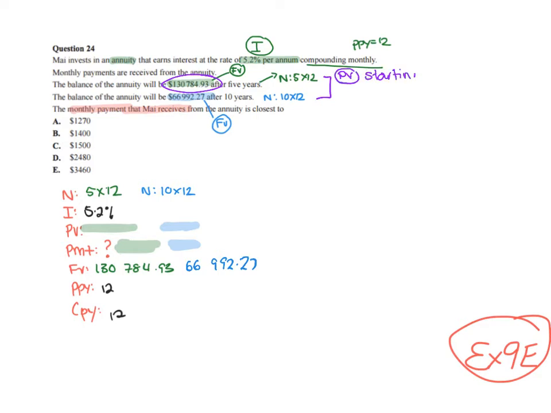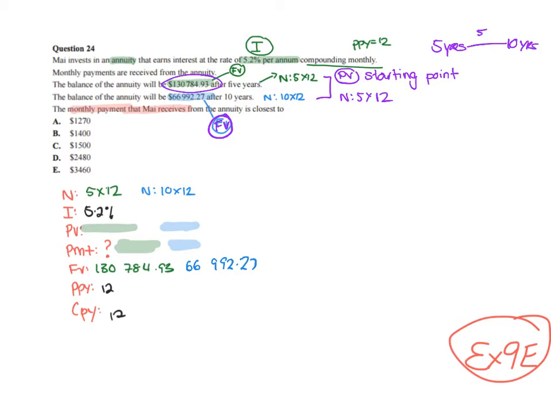If I go from 5 years to 10 years, how many years will that be in between? It'll be 5. So I can say N will be 5 times 12 as well, isn't it? Can you see that? There'll be 5 years. And I'm going to change this one and make it my FV. At the 10-year mark, that's what it is after 5 years.